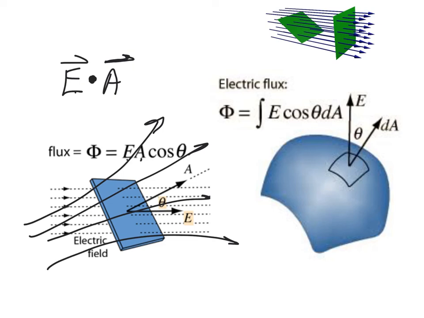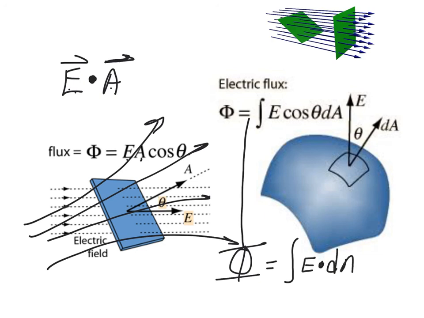By definition, E dot A is the magnitude of E times the magnitude of A times the cosine of the angle between them. And so on your equation sheet, when you see this equation, you're going to see the integral of E dot dA, two vectors dotted into each other. That's the shorthand notation for this equation.